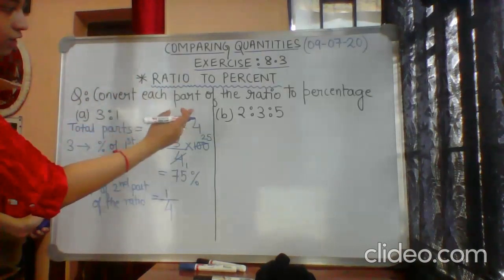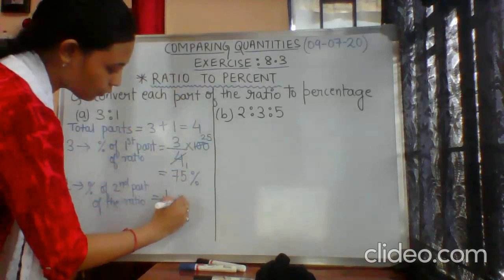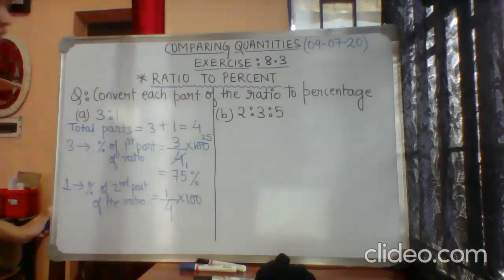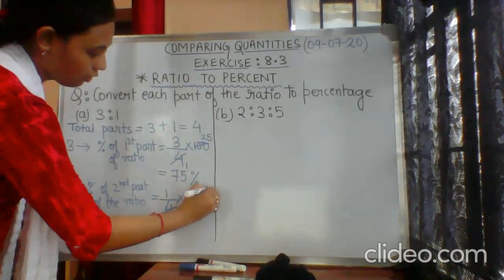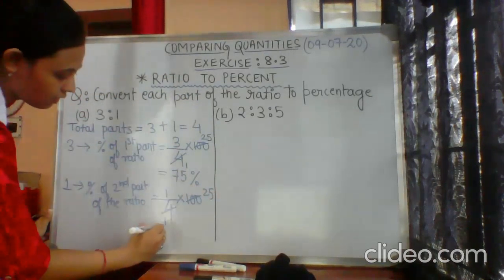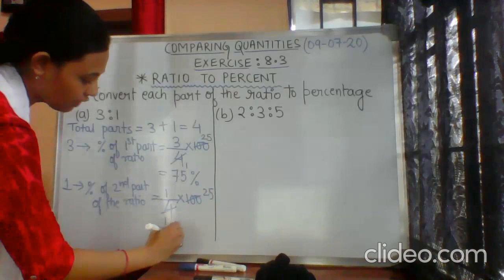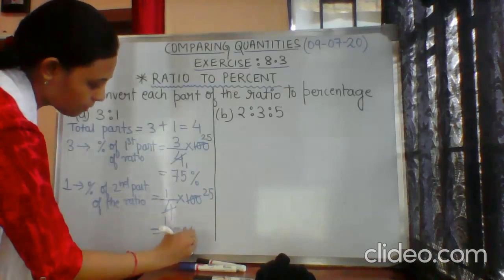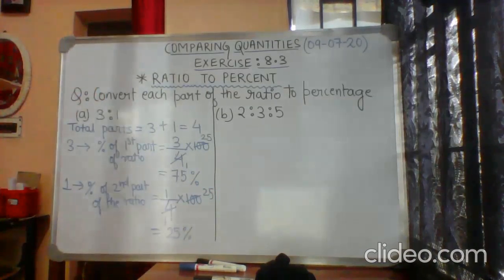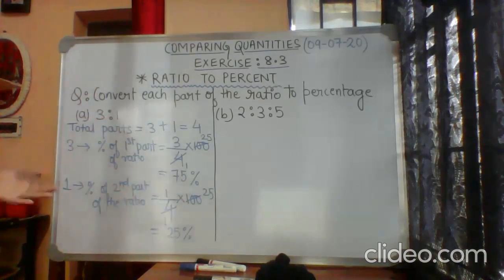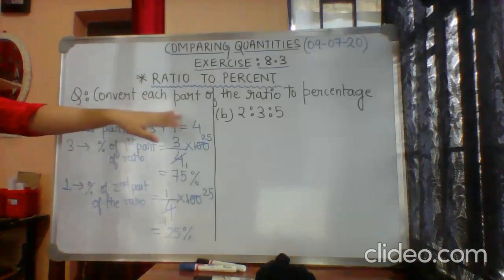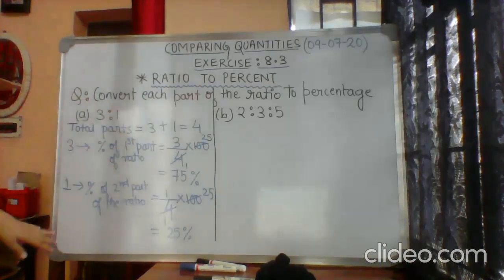Now we are going to convert into percentage, so into 100. Now you cancel. 4 ones are 4, 25s are 100. So you will get 25 percentage. Okay. So 3:1 means 75% is to 25%. So in this way we will convert ratio into percentage.